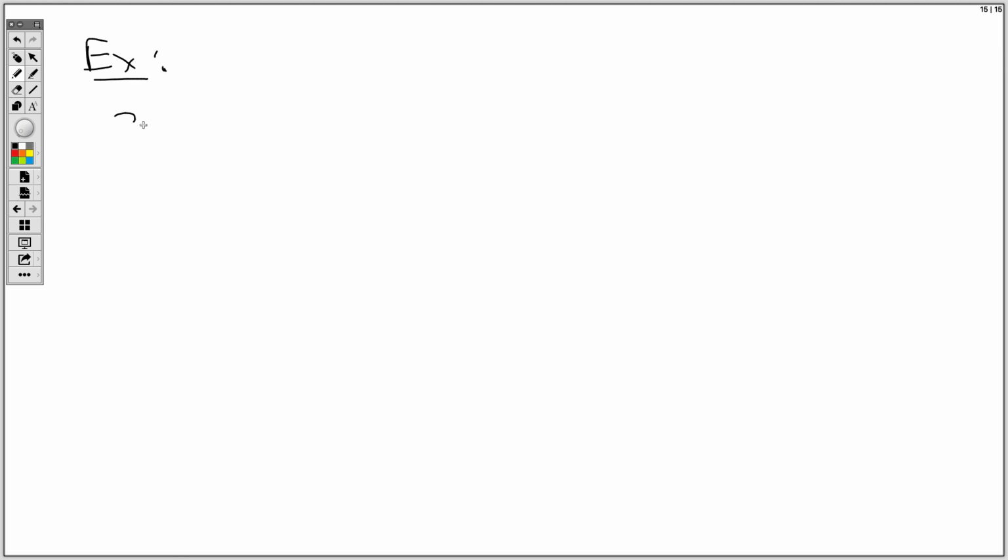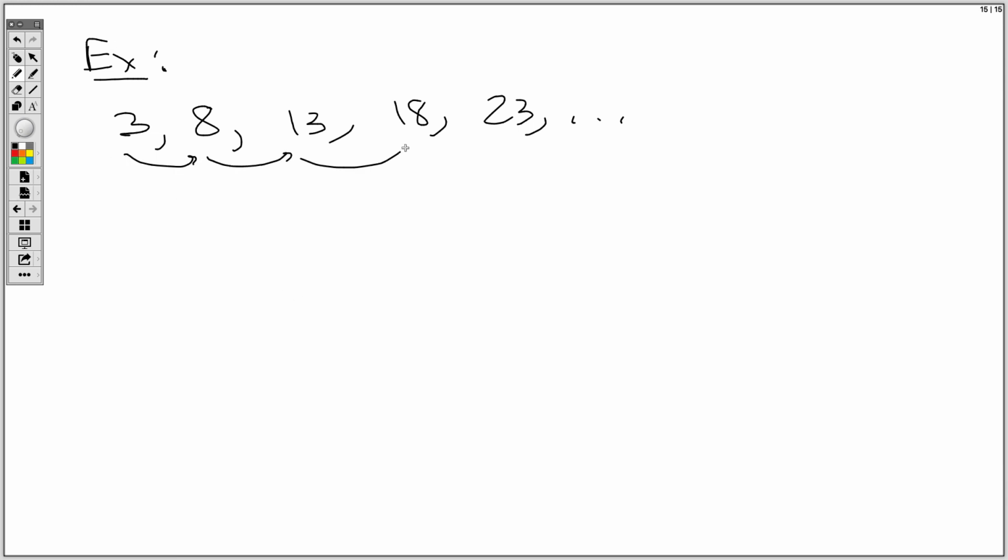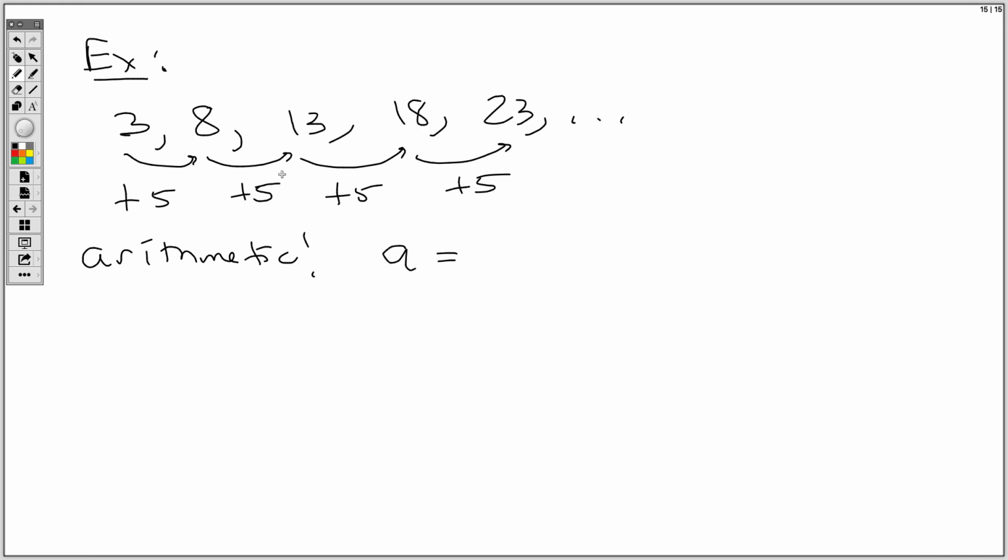Let's start with 3, and then 8, and then 13, and then 18, and then 23, etc. If we look here, the way we're going from one to the next is we're always doing what? We're always adding 5. Okay? That means it's arithmetic. The a here, what I'm starting with, is 3. The common difference here is 5.